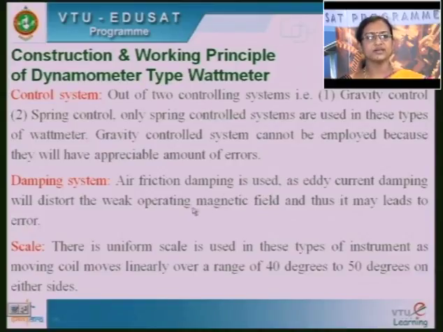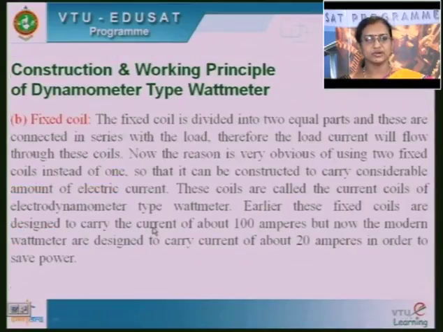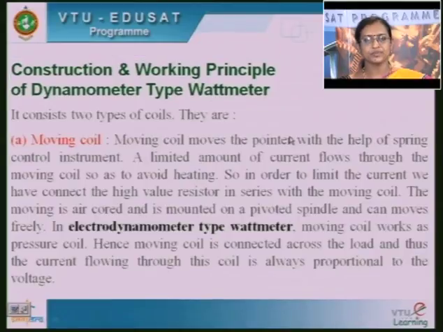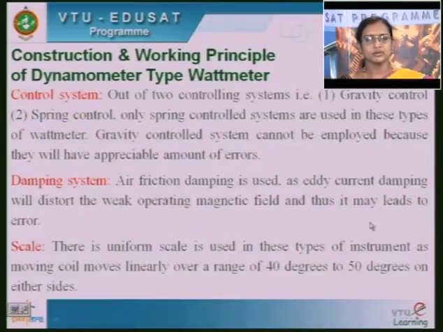Here we are particularly selecting air friction damping, as eddy current damping will distort the weak operating magnetic field. The scale is uniform, as the moving coil moves linearly over a range of 40 to 50 degrees on either side.